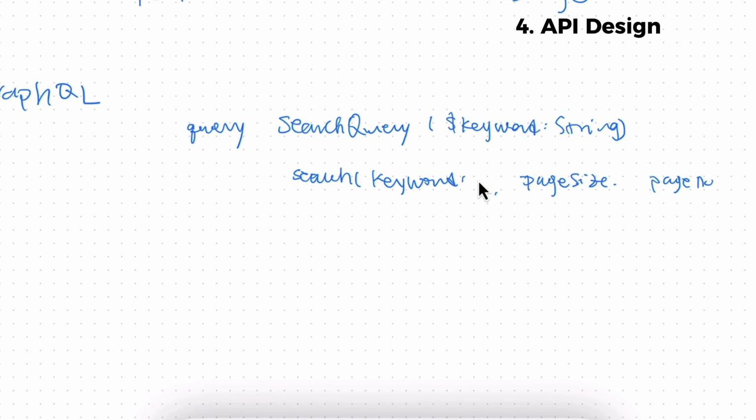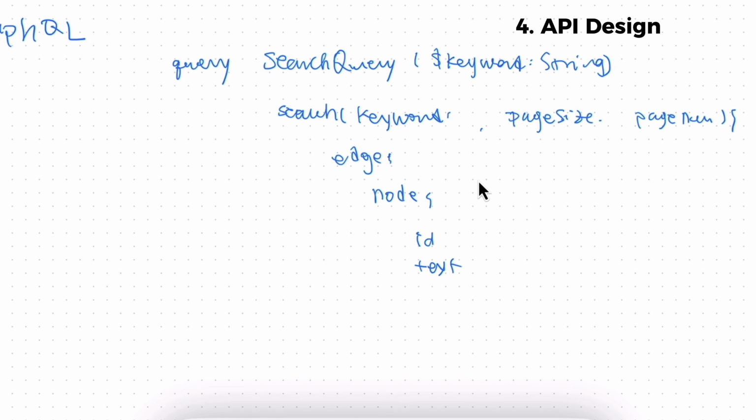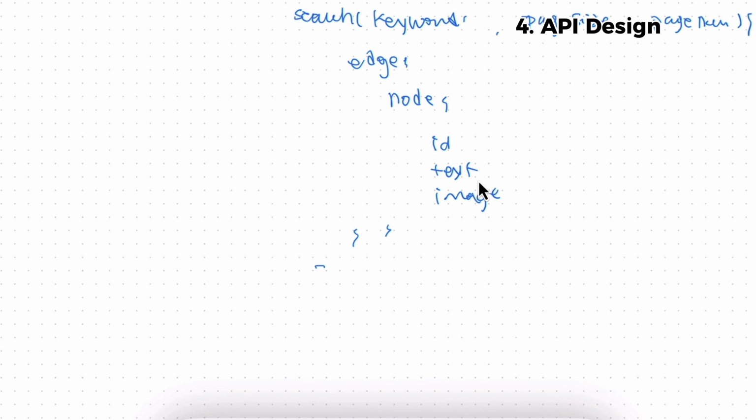and then it will be edges, and in edges it has nodes, and in node it has ID, text, images, URL, things like that, and also the page info. As part of the payload, we want to make it a cursor-based response, and it has next, things like that.